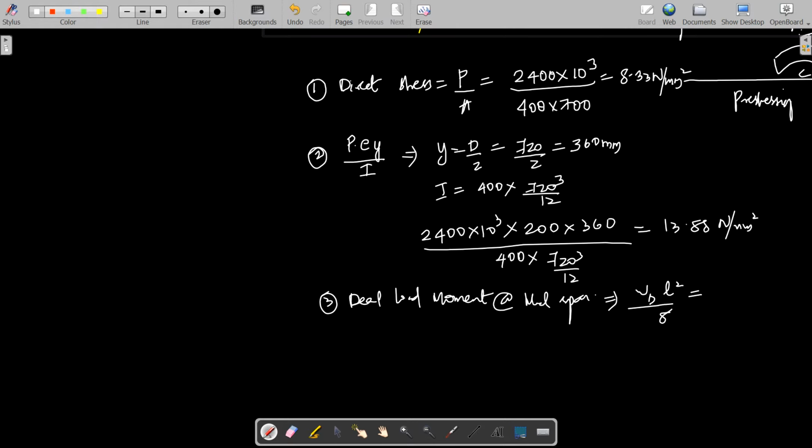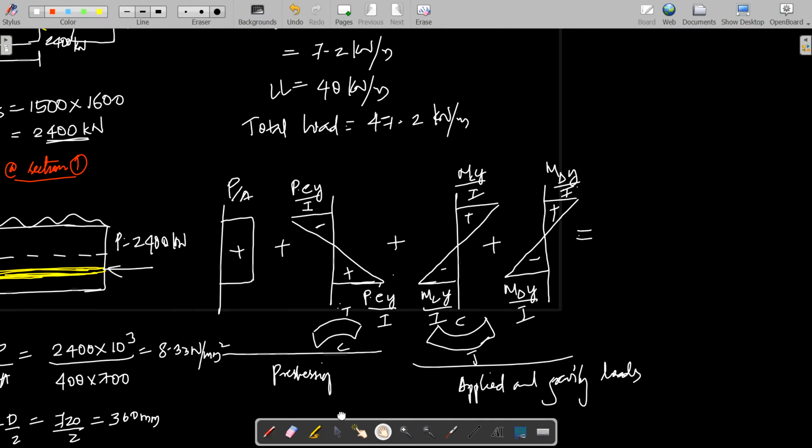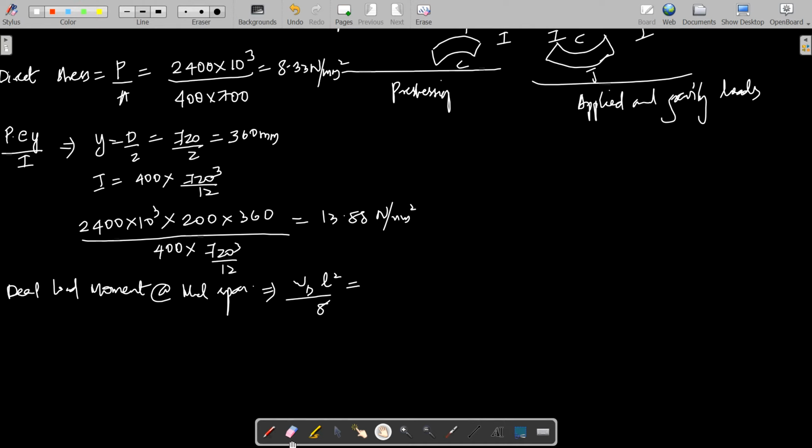You have the dead load as 7.2, so 7.2 into 10 square divided by 8, and you'll get this value as 90 kilonewton meter.